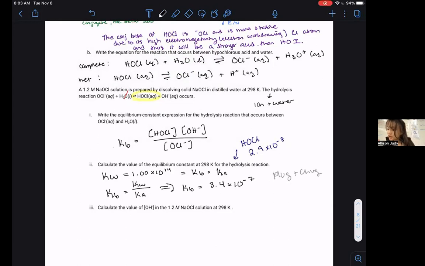So the ability of my OCl minus base, the deprotonated version of HOCl, times the acidity capabilities of my conjugate acid HOCl, for the same foundational species just differing by one proton, those values, Ka and Kb, together give the Kw.